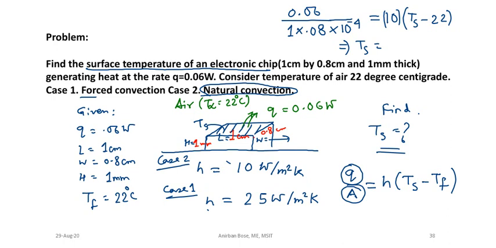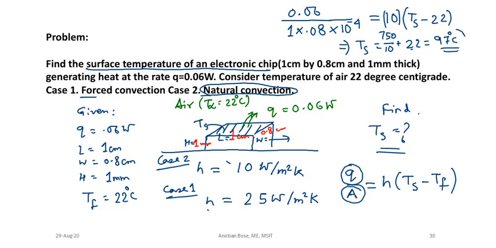So 750 divided by 10 plus 22, that is 75 plus 22, around 97 degrees centigrade.